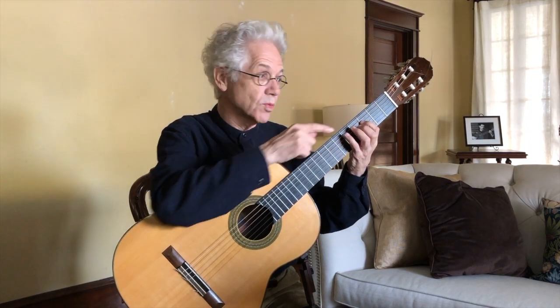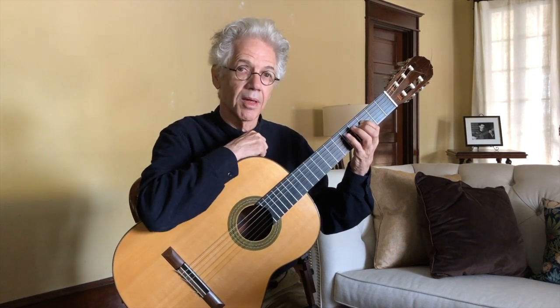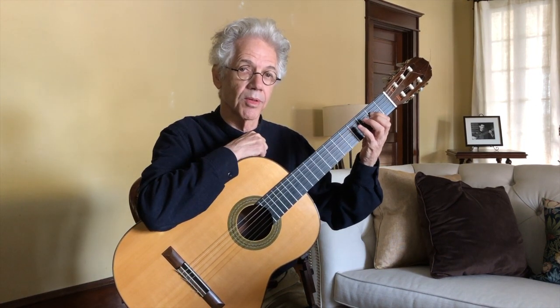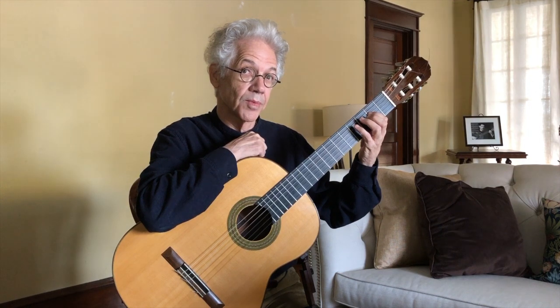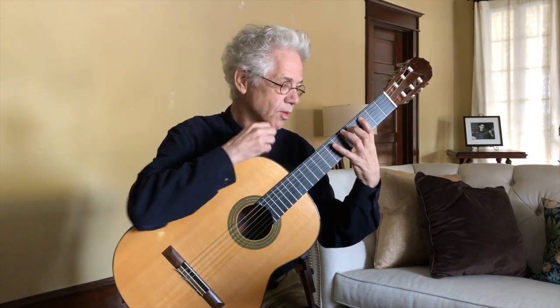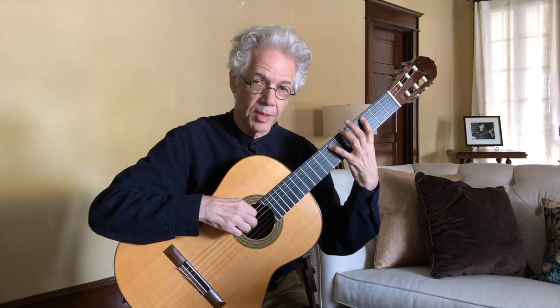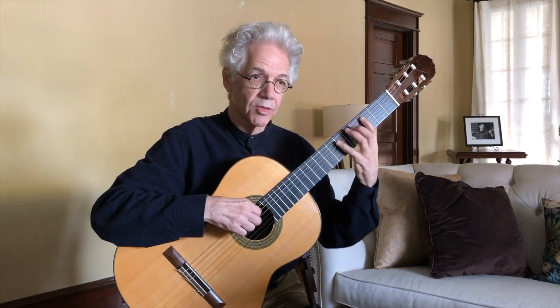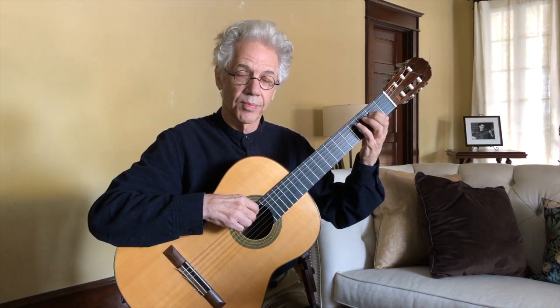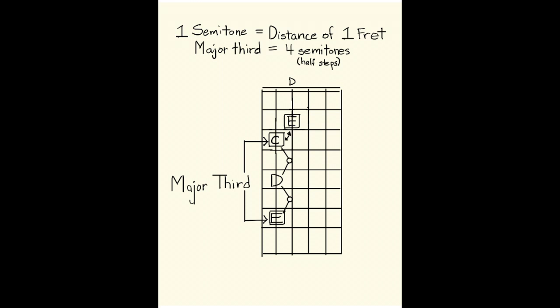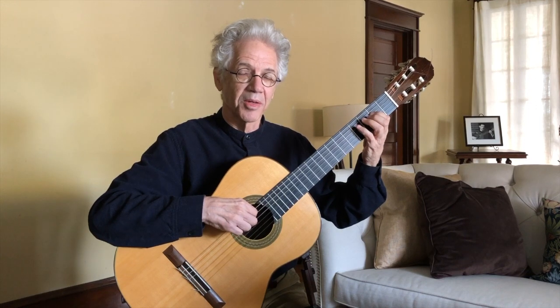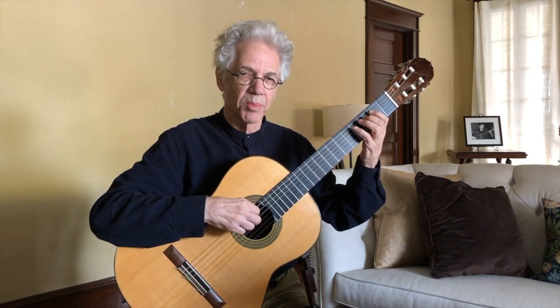I count up C, D, E, F. This would be F. And this, 1 fret lower, is E. So from here to here, C to E is the same as C to E. Yeah? Okay, so that's really kind of important because this is a major third.